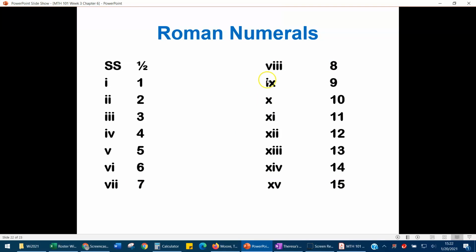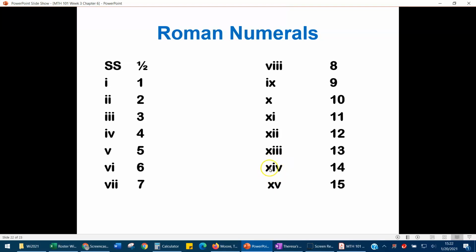10 is X. IX then would be 10 minus 1, which is 9. XI is 10 plus 1, 11. XII is 10 plus 2, 12. XIII is 10 plus 3, 13. Now we have X, I, V. So the I is smaller than the V, so that would be 1 from 5, which is 4.